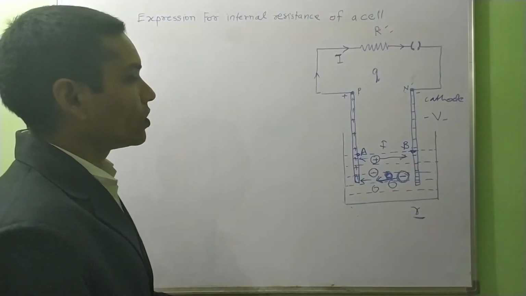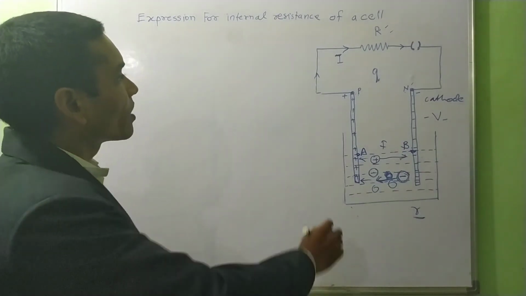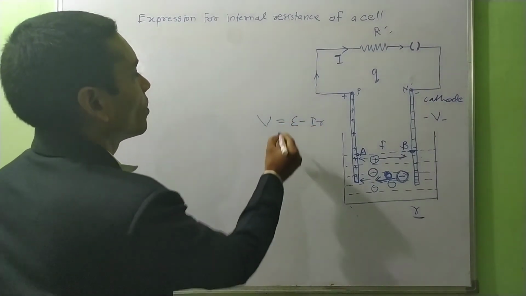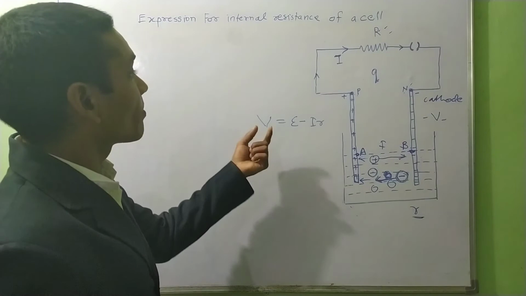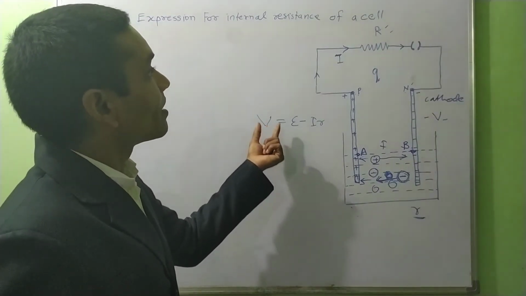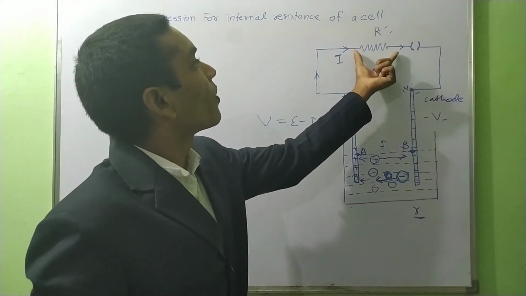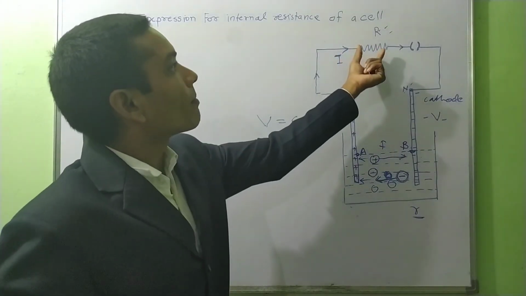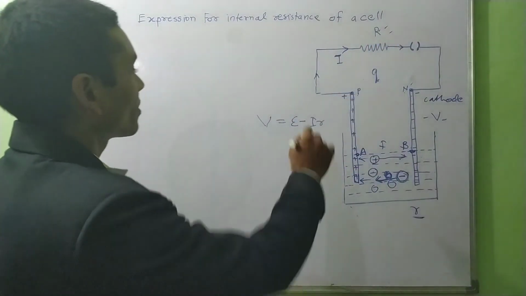Now we can find the current drawn from the cell. You know the relation between terminal potential, internal resistance and the electromotive force is V equals epsilon minus I into r, where V is the terminal potential difference. This potential difference is equal to the potential difference between the two ends of the external resistor. It may be a bulb or torch or other electrical device.